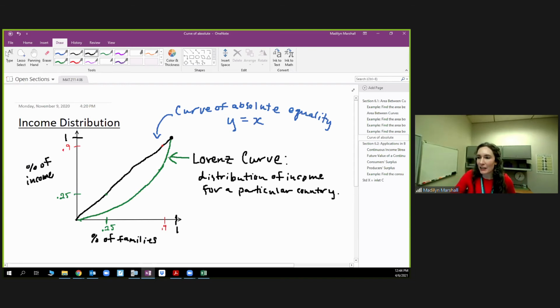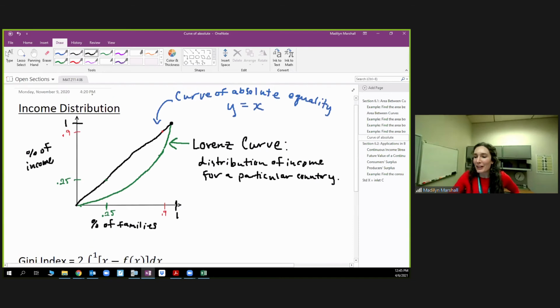If the Lorenz curve is closer to the curve of absolute equality, then it has a more even distribution. If it is farther from the curve of absolute equality, it's going to have a less even distribution of income.